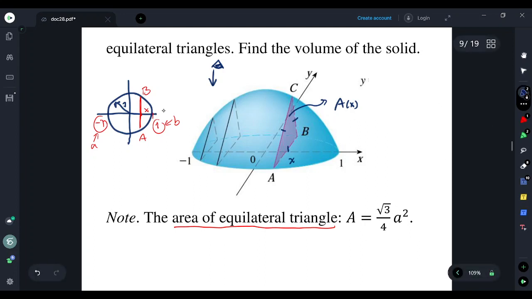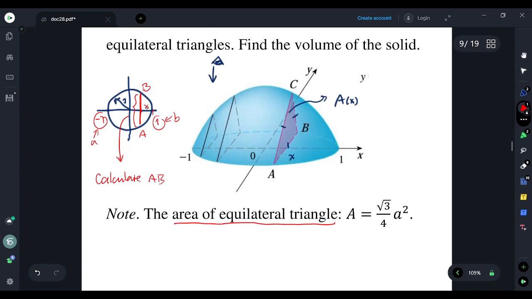So what we need to do now is calculate the length AB. Because it is at x, we have 2 points, the point A and the point B. A and B are on the circle, so it satisfies the equation x squared plus y squared equals 1, right?